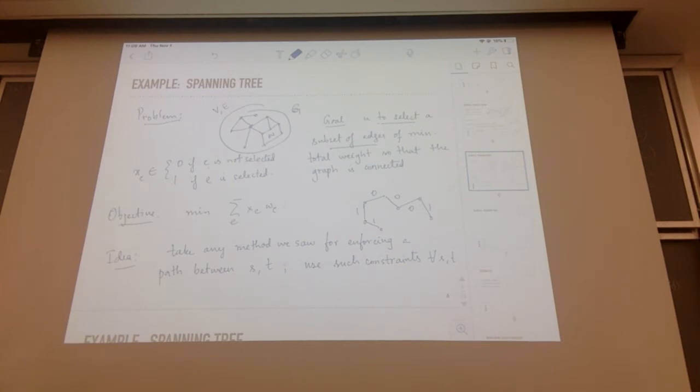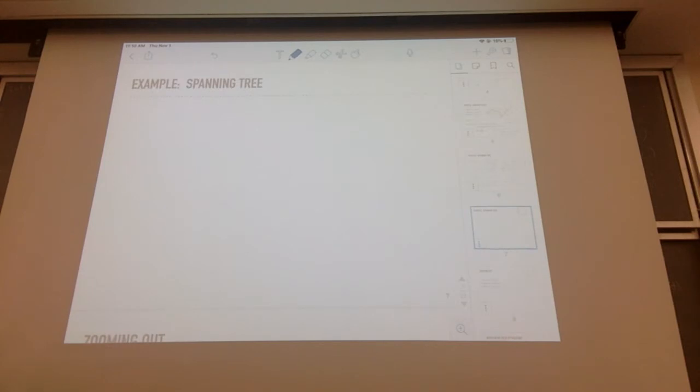This is a perfectly valid way of doing this. A different way of saying the same thing is you could just count the number of edges, and it has to be equal to something with the vertices minus 1. What he's suggesting is you just count the number of edges, which is the sum over e of x_e, and you say that this is at least n minus 1.